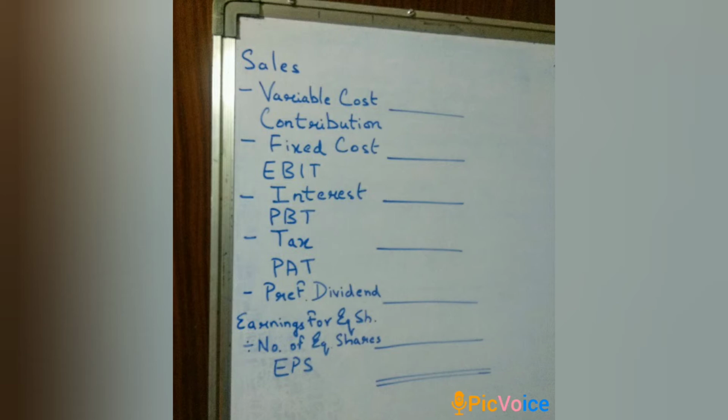But if the firm is using preference share capital, then it also needs to give preference dividend. So we need to subtract that preference dividend from PAT to get earnings for equity shareholders. Once we have earnings for equity shareholders, we divide it by the number of equity shares to get EPS, or earnings per share.